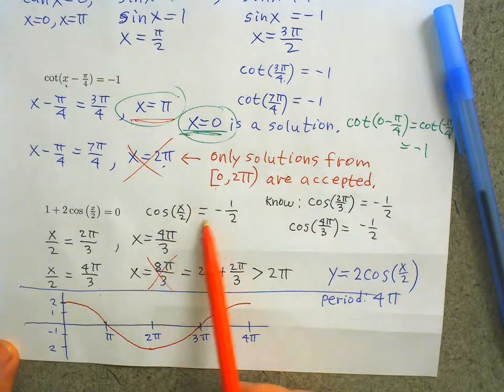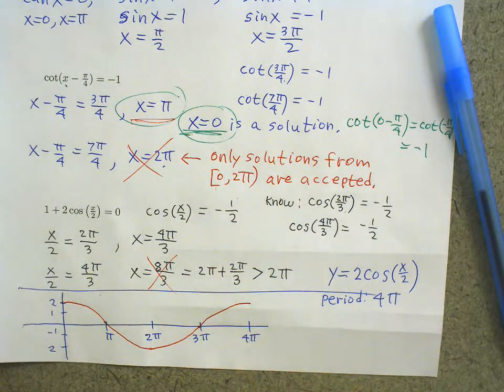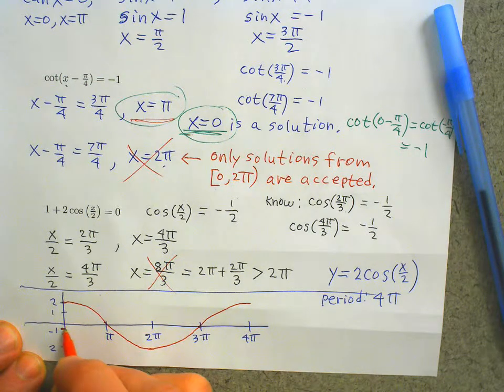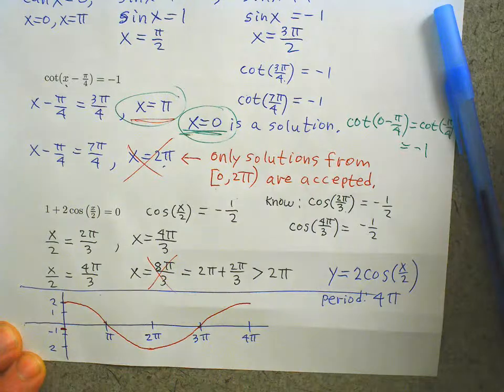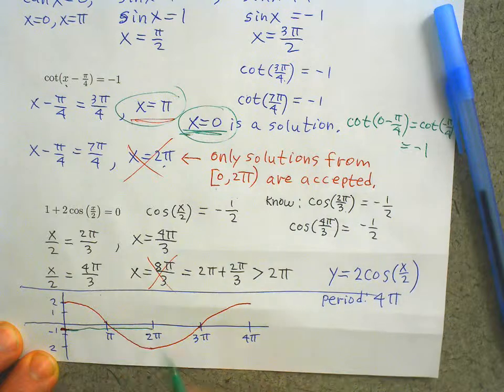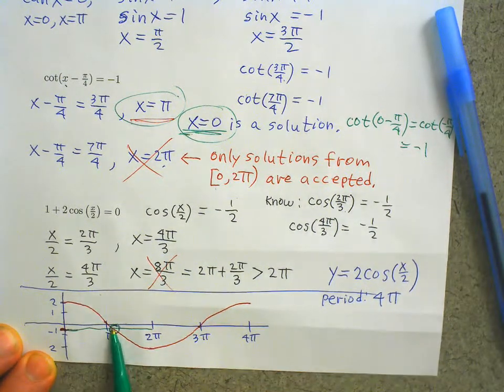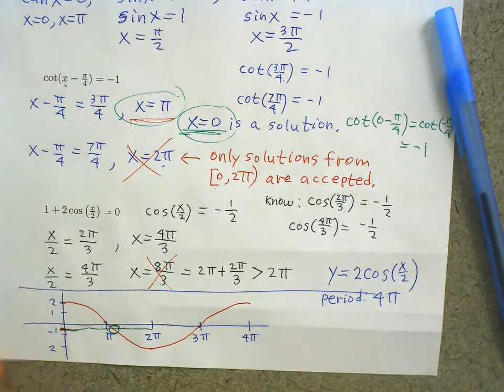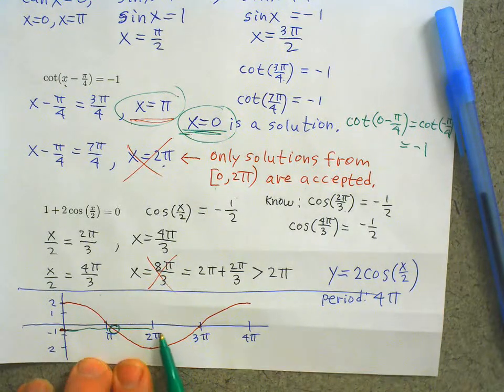Cosine of x over 2 equals negative 1/2. So negative 1/2 is about right here. But between 0 and 2 pi, there's only one solution. The other solution is between 2 pi and 3 pi.